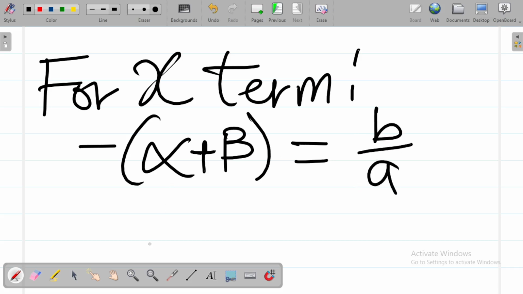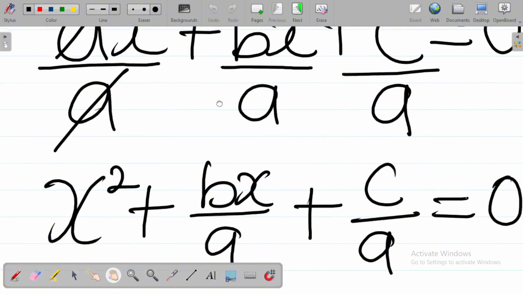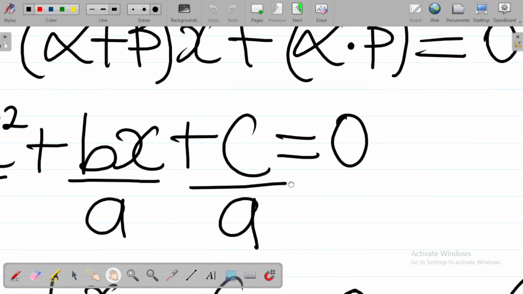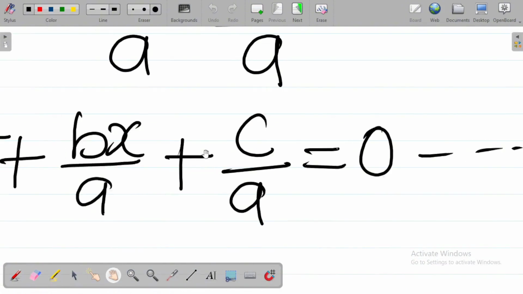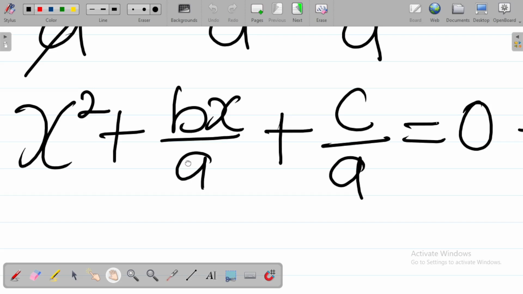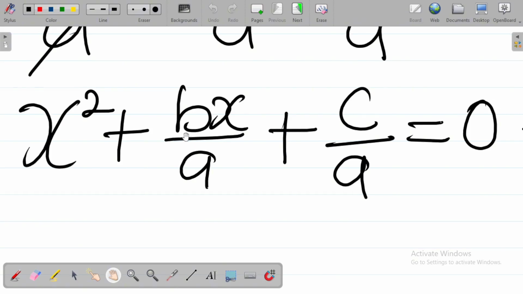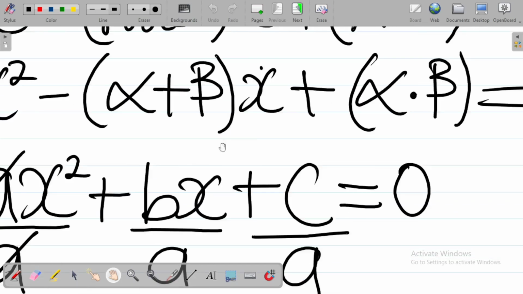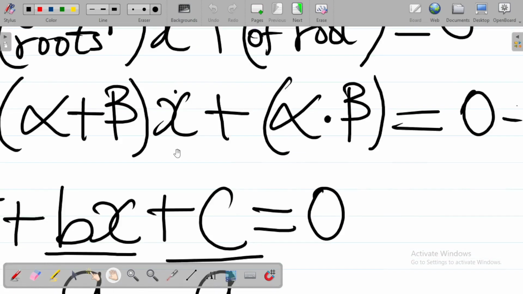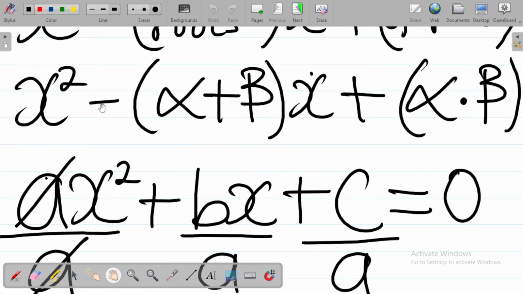How do we get this? For equation 3, the coefficient of x is b all over a. And then for equation 2, the coefficient of x is minus (alpha plus beta). Why is it the coefficient of x? Because it has x attached to it.